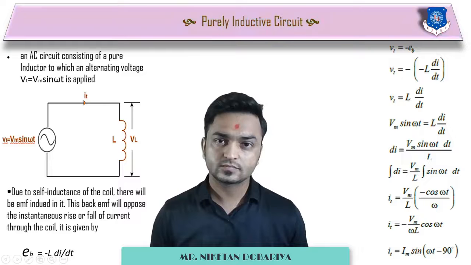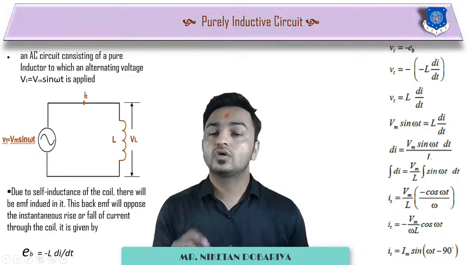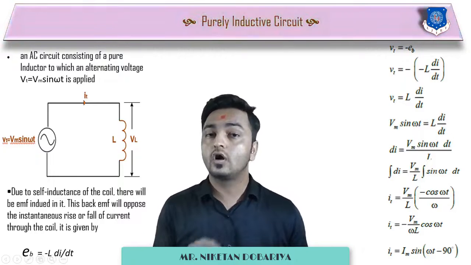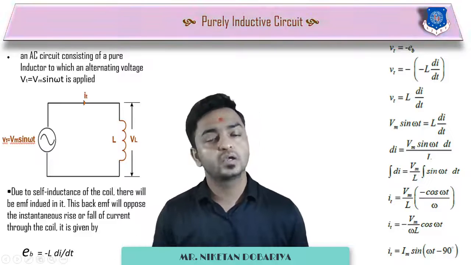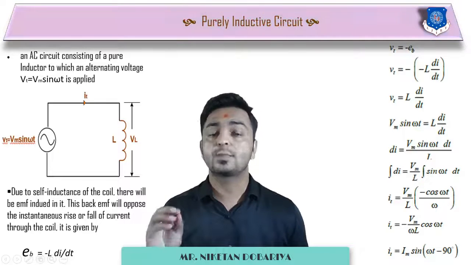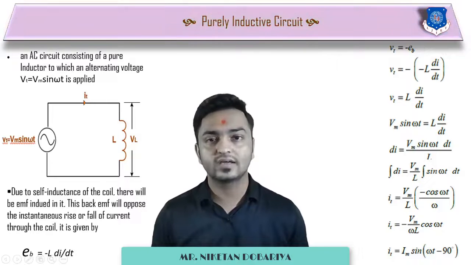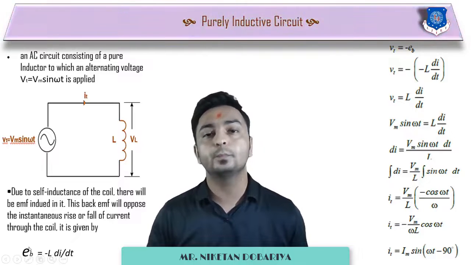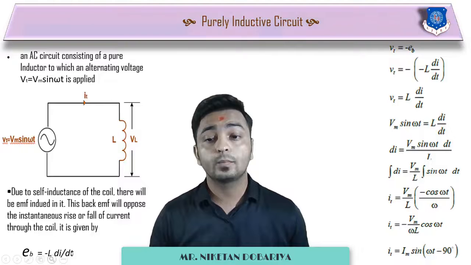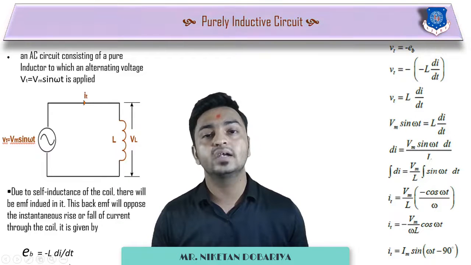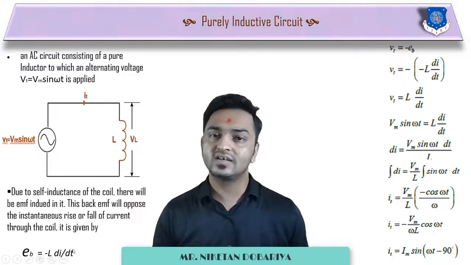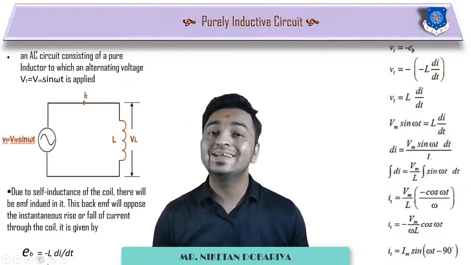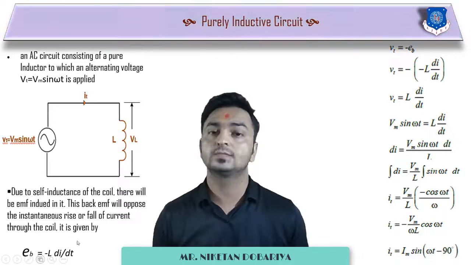Why back EMF? Because the direction of the induced EMF produced in the inductor is opposite to the supply voltage, so it will oppose the supply voltage. That's why it is known as back EMF. We define that back EMF by the term EB, and we can find its value by the term minus L di by dt, where di by dt represents the rate of change of supply current to that inductor, and L is the inductance of this given inductor.